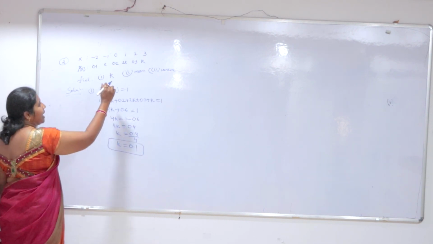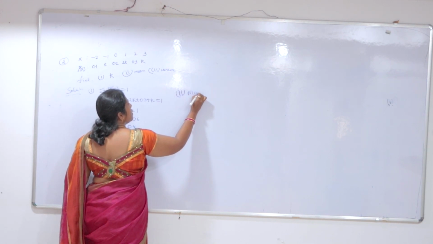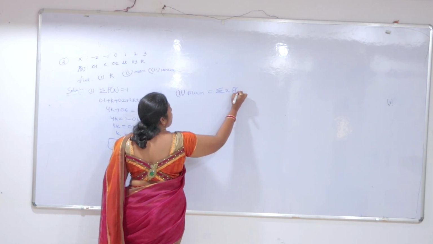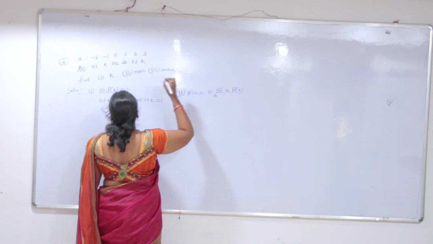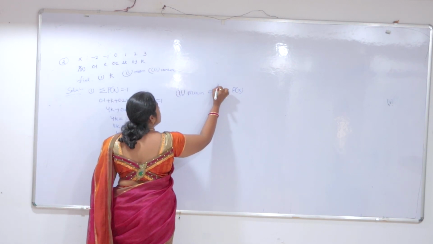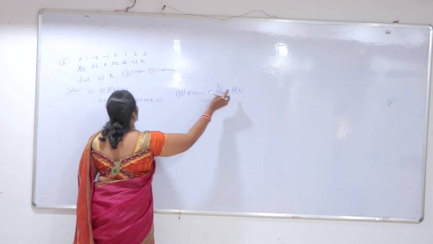Now you need to calculate mean. Very important point. This is mean. So the formula of mean is summation x into p of x. And what are the values of x? X equal to -2 to 3. So you need to multiply x with the corresponding probability.